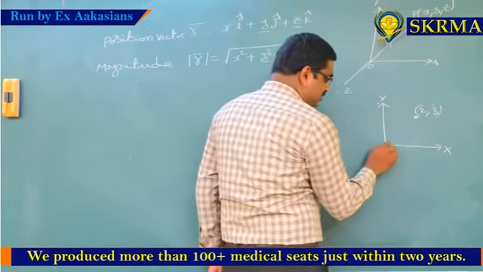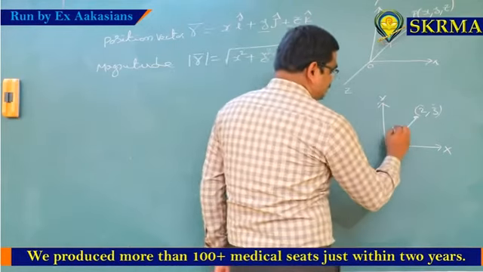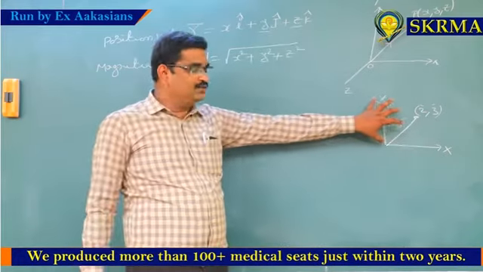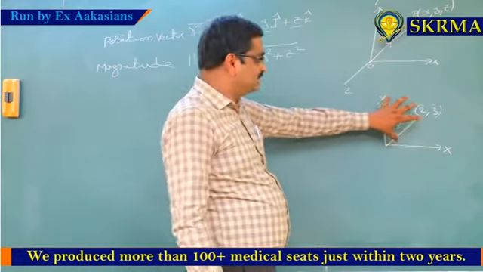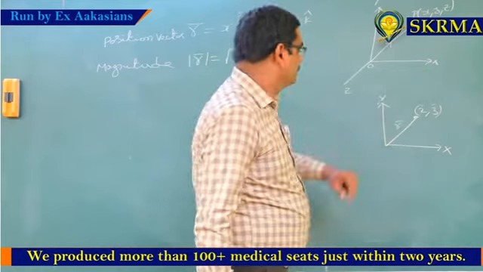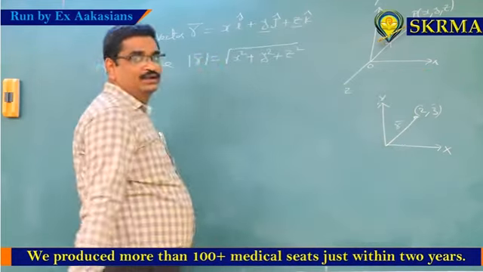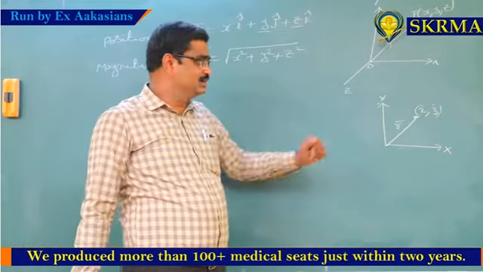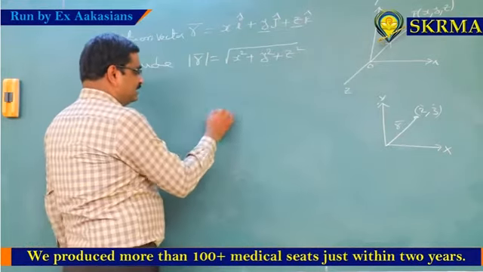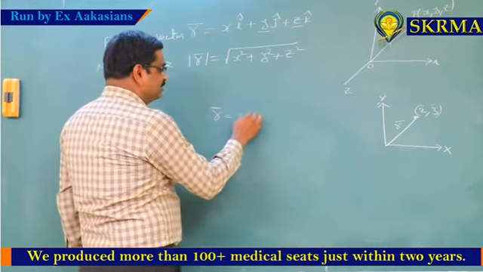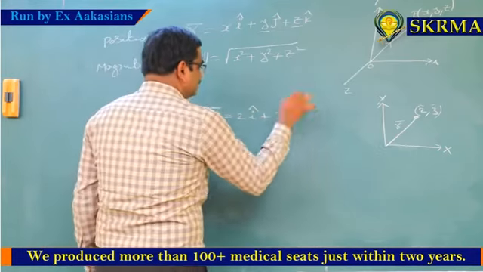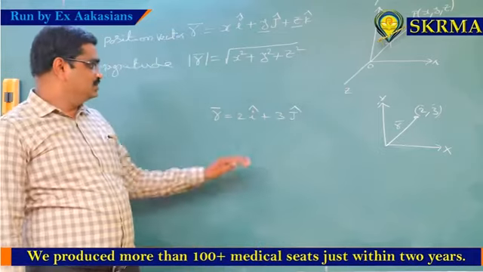Now for this one the position vector, let it be r bar. How are you going to represent the position vector for this position? Take this example and write the position vector. We can write r bar as 2 i cap plus 3 j cap. This is the position vector.